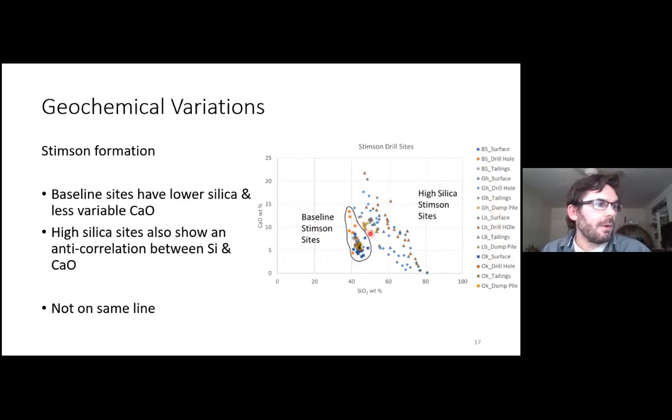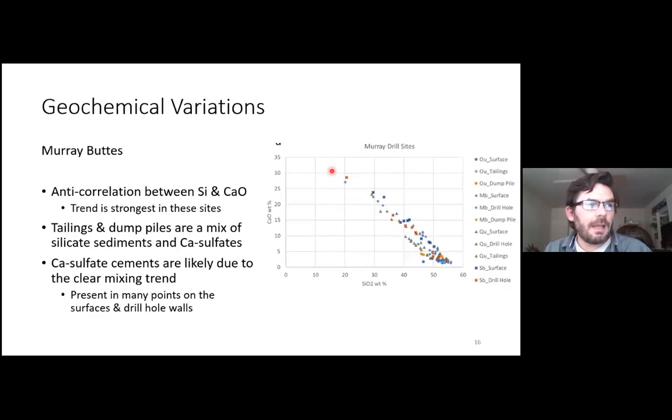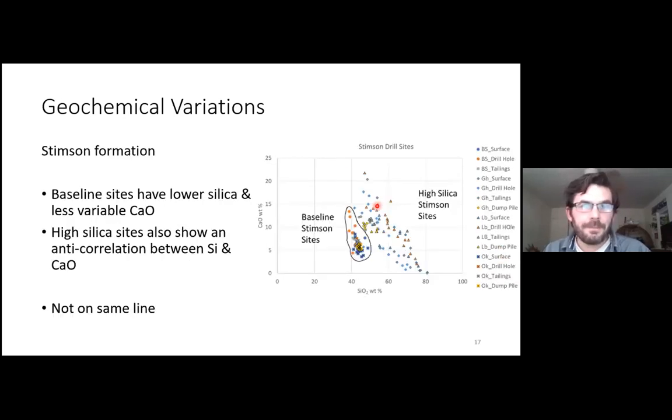The baseline sites have less variable calcium, and the high silica sites also show this anti-correlation between silica and calcium, but it's definitely not as well defined as what you see here. Another important thing is the baseline Stimson sites plot on the line about here, and the high silica sites are moved over this way, so they really wouldn't intersect.